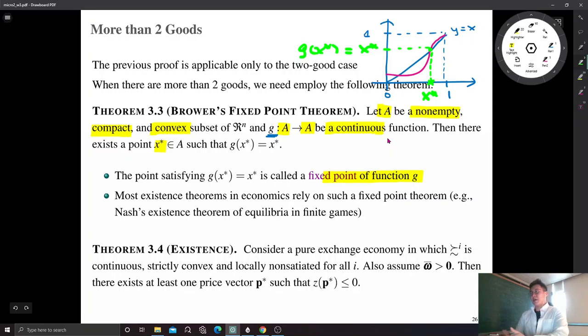So John Nash adopted Kakutani's fixed point theorem to establish existence. So since then, every economist has got to know Kakutani's fixed point theorem. Most existence theorems in economics have been established with the aid of this kind of mathematical fixed point theorem.